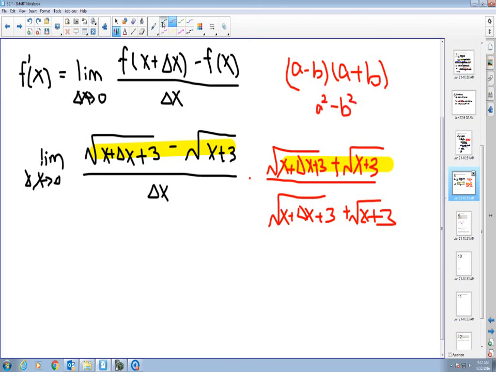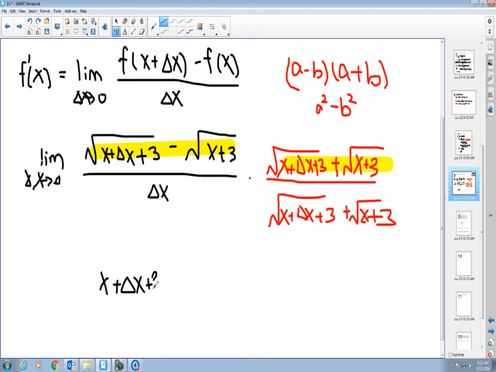That's what I conjugated. So that will leave me with this whole thing squared minus that thing squared. That will actually cancel out my square roots.